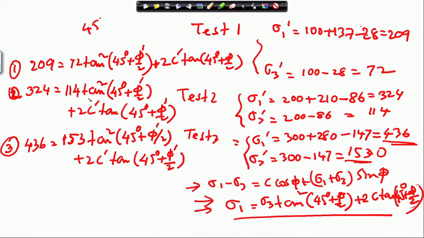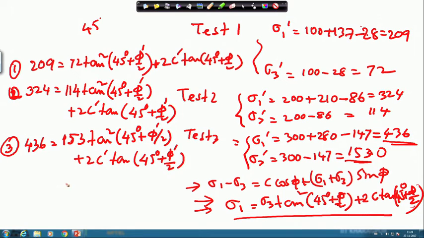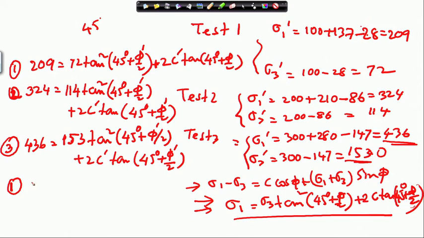I have got 3 equations in terms of phi dash and c dash. So I have 2 unknowns, but I have got 3 equations. So what can I do? I can do it in combination: I can solve equation 1 and equation 2, so I get c dash and phi dash, one set.